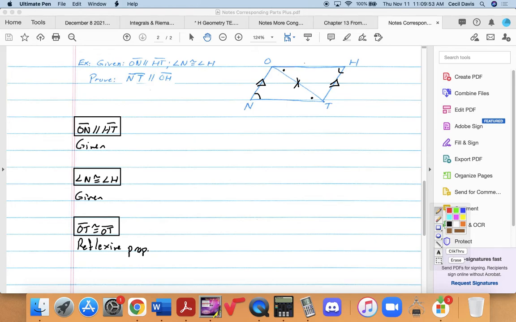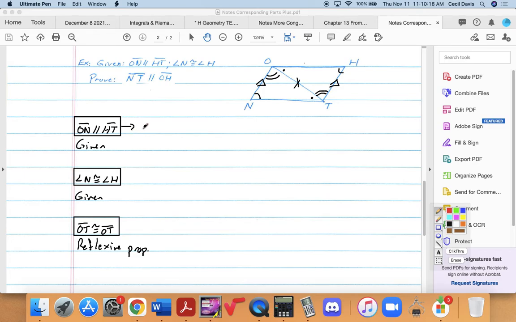No, because those lines are not the parallel ones. You've got to pay attention to which lines are parallel. Could it be TON and OTH? Yes, my bad. It's okay. That's partly why I wanted to do this, to remind everybody to be careful which lines are parallel.